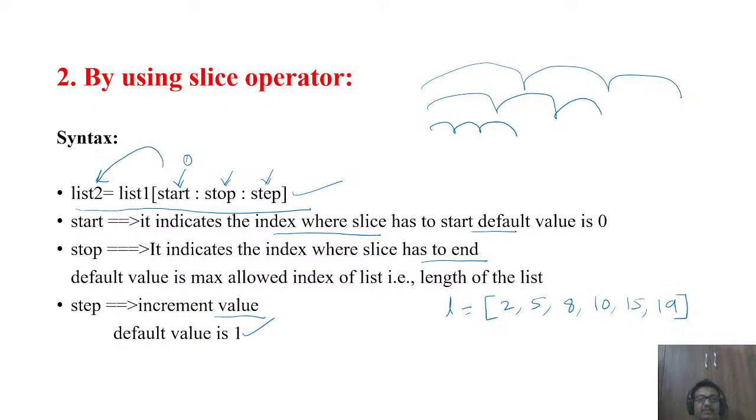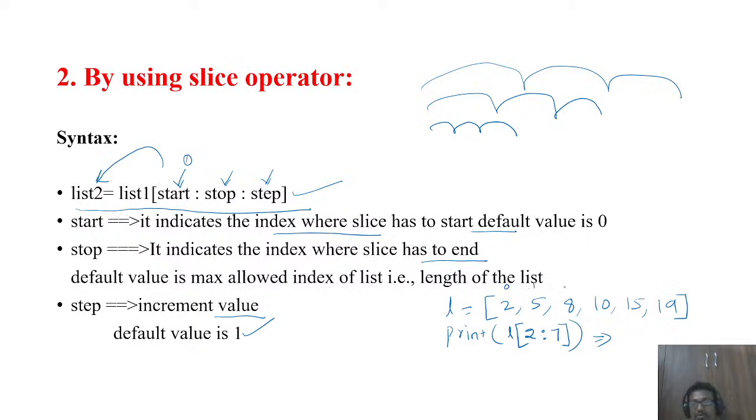Now if I print L of a starting position and ending position, L of 2:7. What does this mean? The first argument says the starting index, the second argument says the ending index. It starts at index 2. So what are the index values?